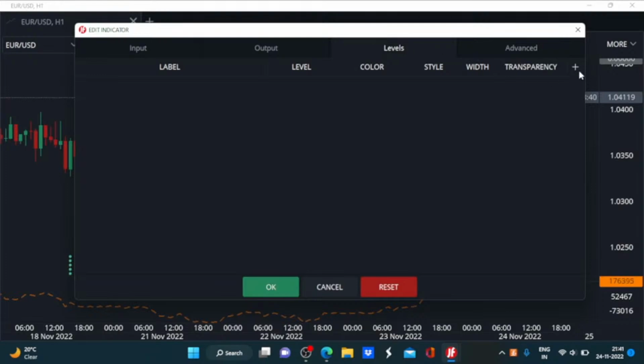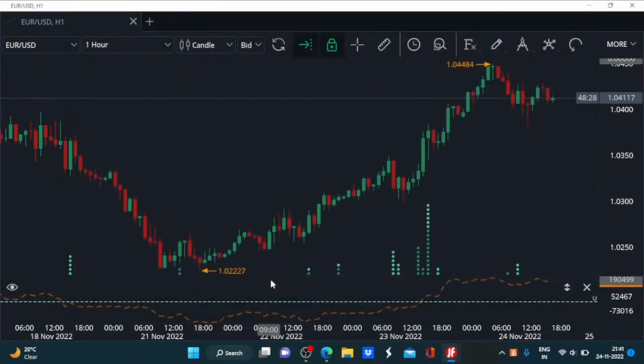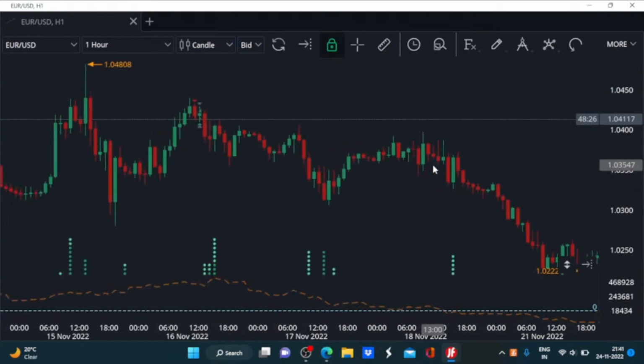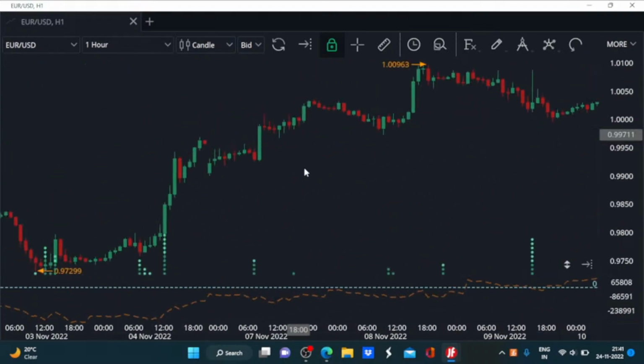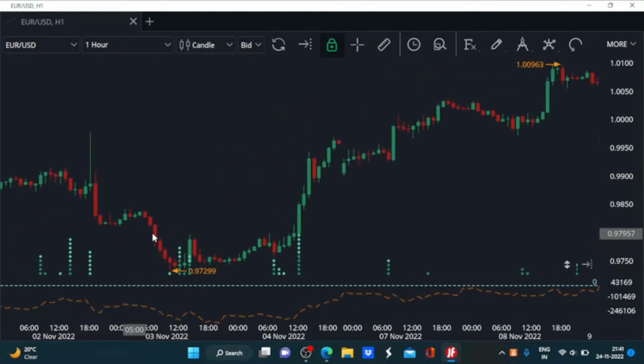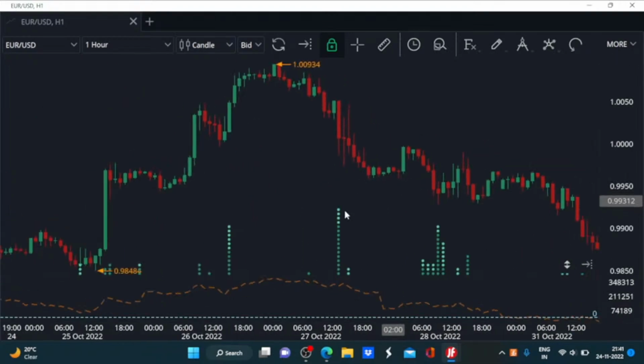Then you can also add levels like, for example, 0. So you get a marker in place. You can go for different color combinations, make it a bit brighter if you feel like. So whenever there is a change from one side to another, you will have this output which is going to be easily spotted.